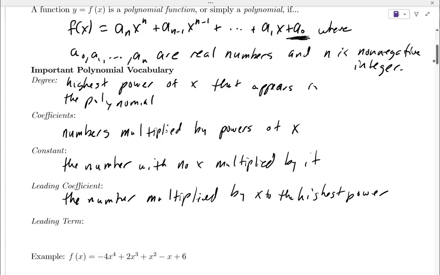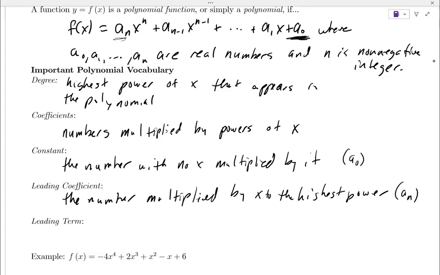So again, the constant, that number we wrote up at the top, was the a0. When we're looking at the leading coefficient, that's the number being multiplied by the x to the n. The leading term means you put the leading coefficient with that highest degree term.